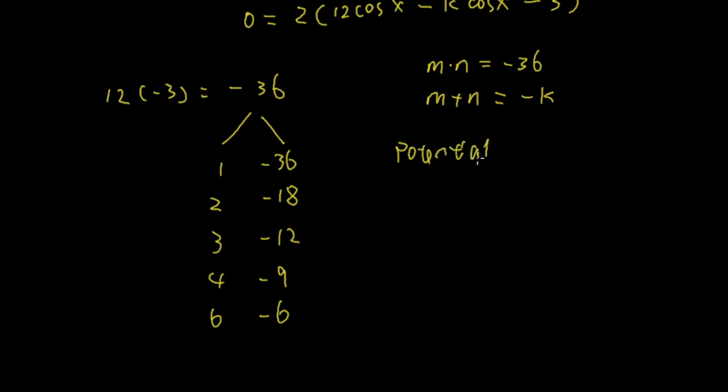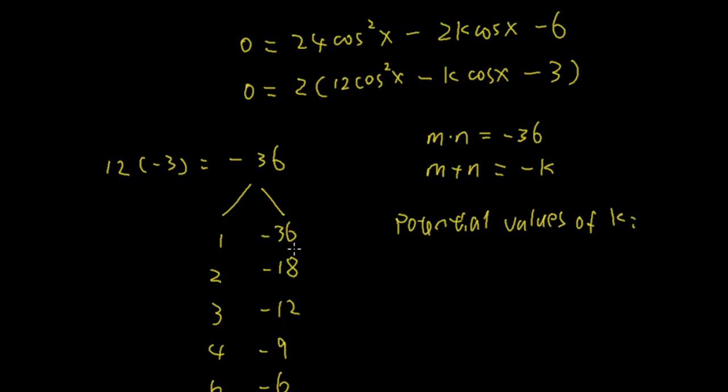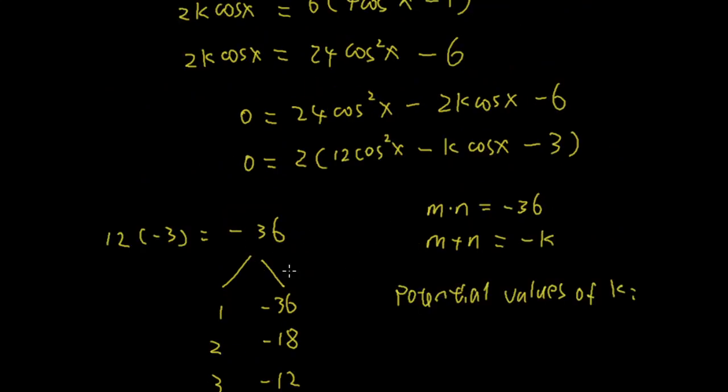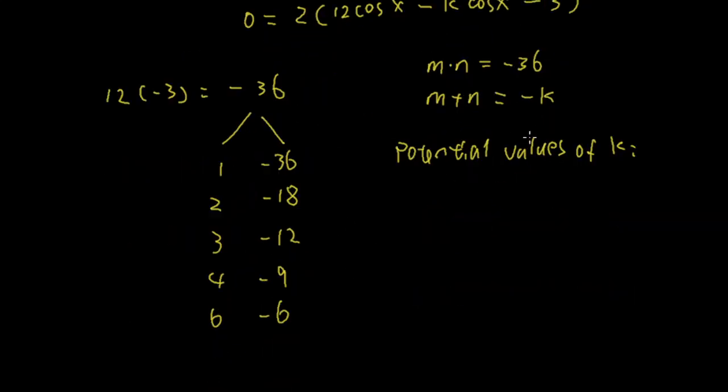Potential values of k would be, okay, so because this number plus this number equals negative k in this case, right?